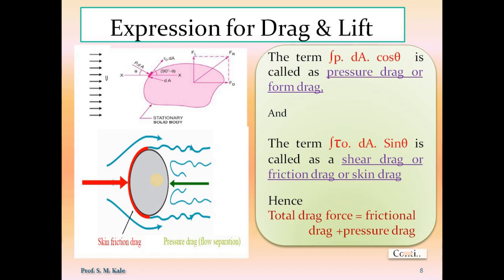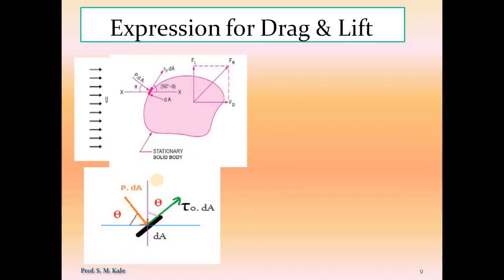Similarly, if I want to calculate the total lift force acting on the entire body, we use the same diagram and the same method. First of all, I calculate the lift force acting on a single elementary area dA.